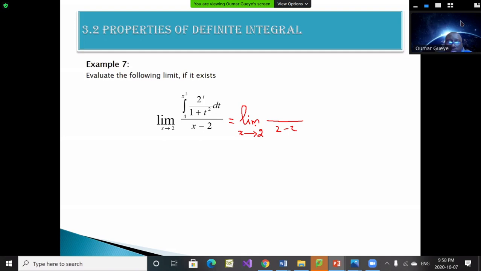The numerator is going to the integral from 4. When you substitute this x by 2, 2 to the power 2, you get 4. And the integrand is equal to 2 to the power t over 1 plus t squared.